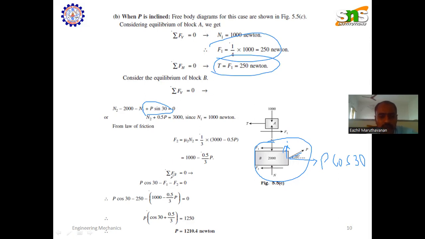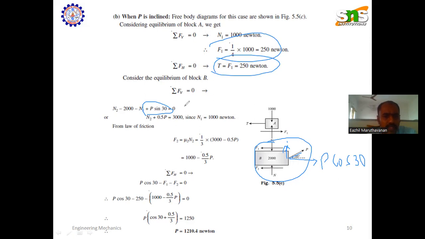Similarly, for the horizontal component, while resolving, we'll get the equation as P cos 30 minus F1 minus F2 is equal to 0. We'll get the equation as P cos 30 minus 250 minus (3000 minus 0.5 P) by 3.